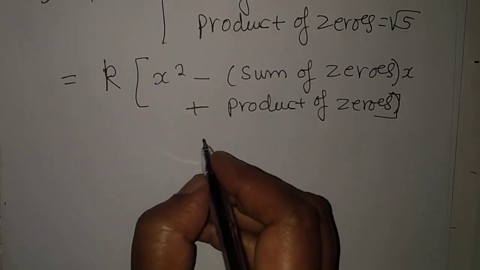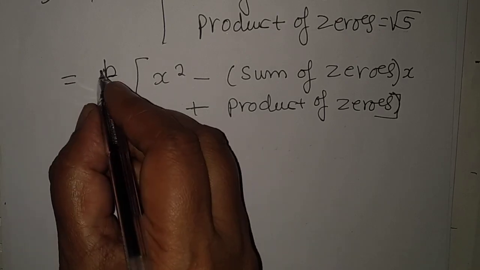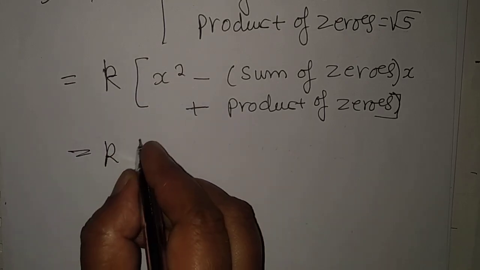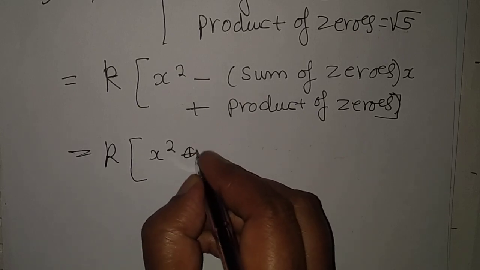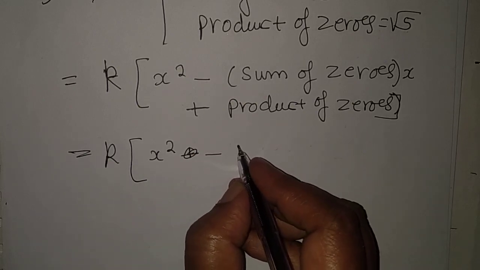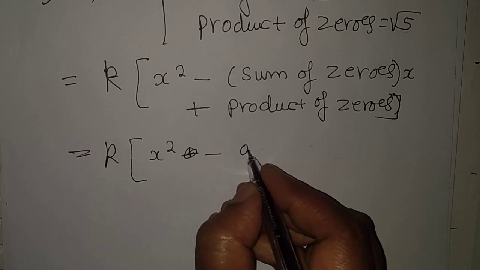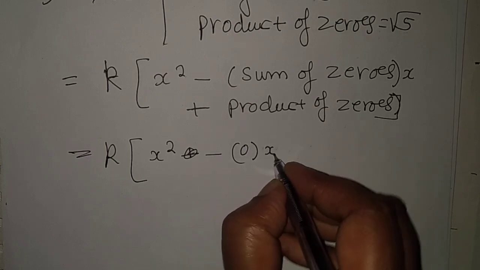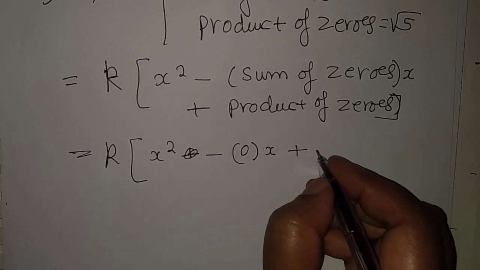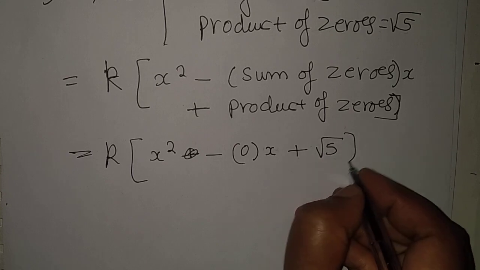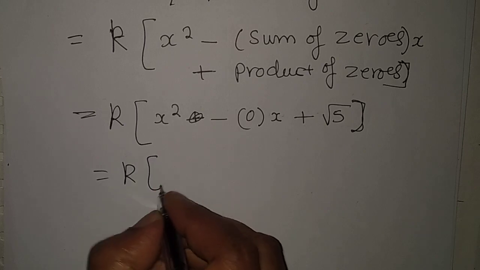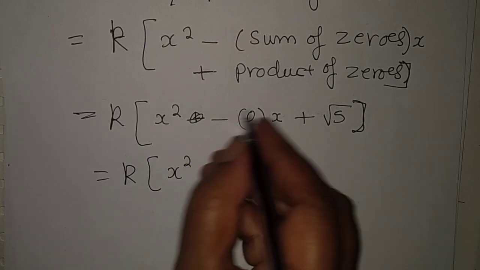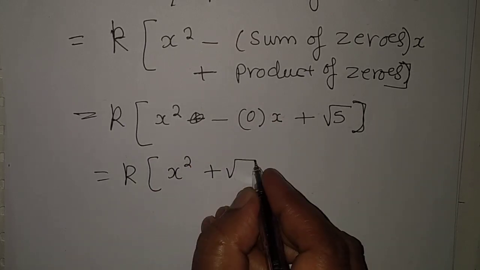Then substitute the values: x square minus 0, which is given as the sum of zeros, plus the product of zeros, root 5. Therefore x square, this is 0, plus root 5 we are getting.